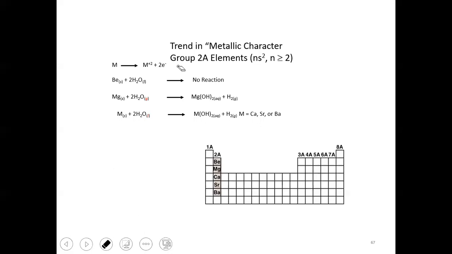In other words, based on this metallic character, you can see that there is an increase in reactivity in this property as you go from top to bottom within that group. Now remember, again, what we're actually measuring here is how well this particular metal loses electrons. How easy is it to remove electrons from this metal? Please keep that in mind.